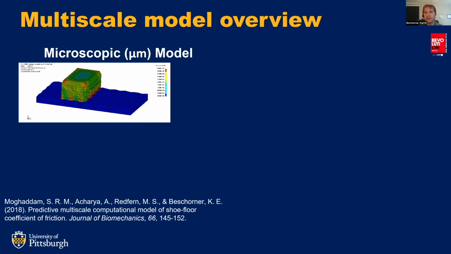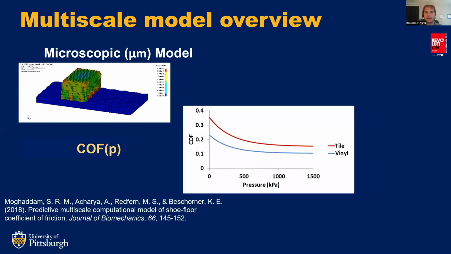What we note from our microscopic model is that the coefficient of friction, or the amount of friction force for a given level of normal force, decreases as we increase the contact pressure. As we have higher contact pressures or more concentrated weight, the coefficient of friction decreases.